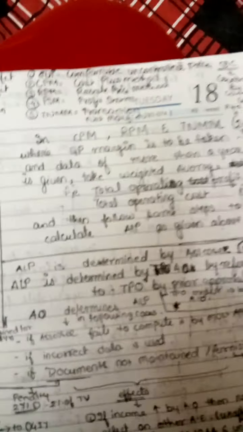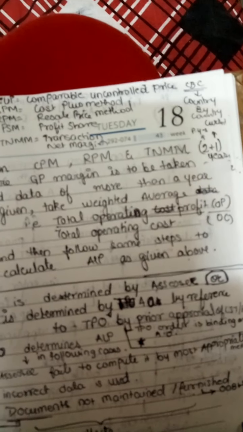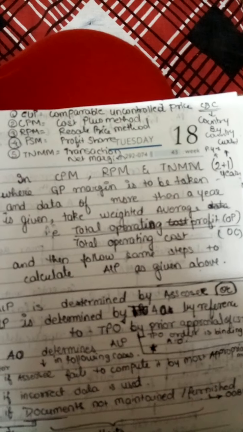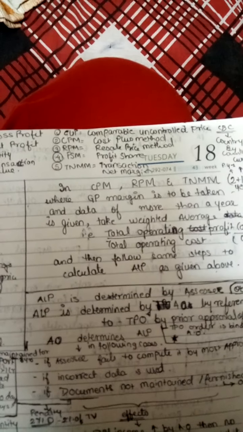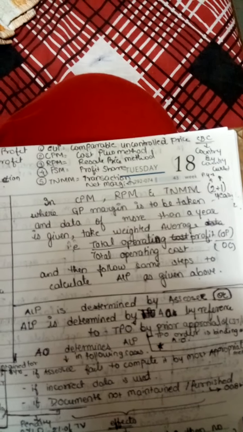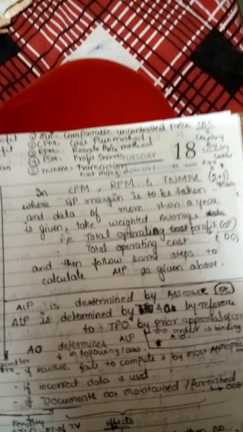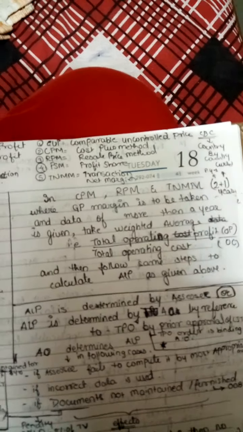Specifically in these three kinds of method, that is in cost plus method, resale price method, and the transaction net margin method, where gross profit margin is to be taken and data of more than a year is given, take weighted average, that is total operating profit upon total operating cost, and then follow the same steps to calculate ALP as given above.